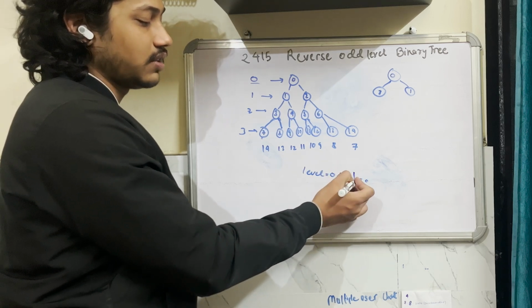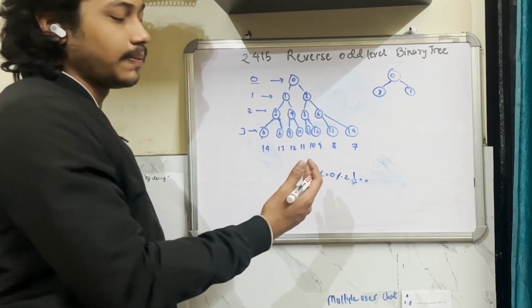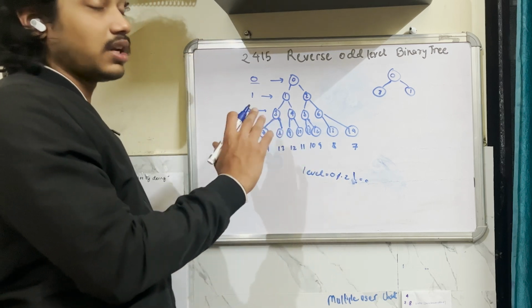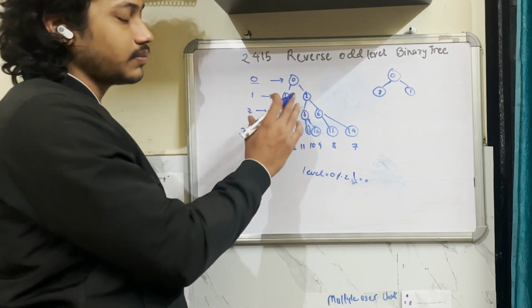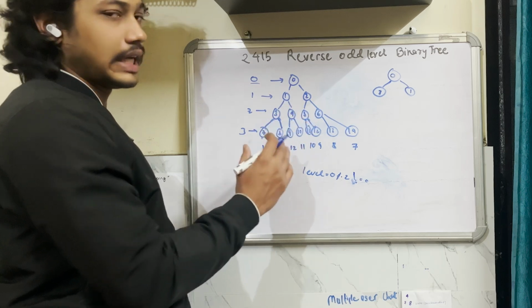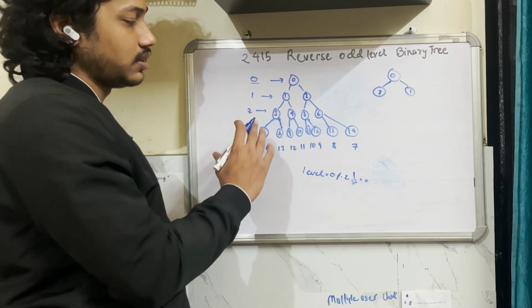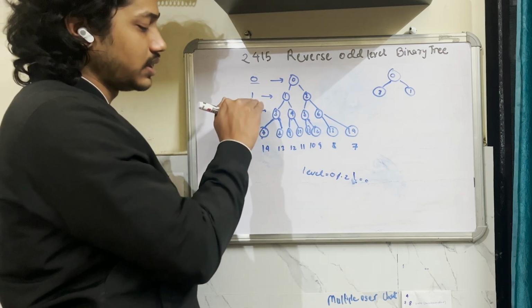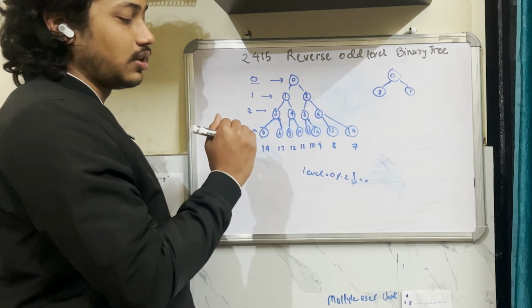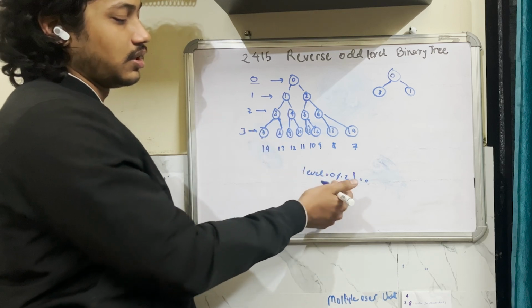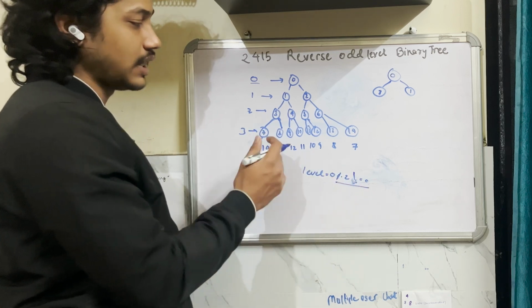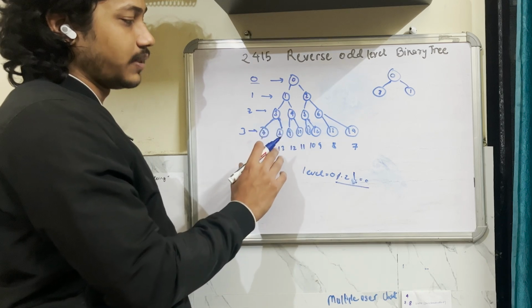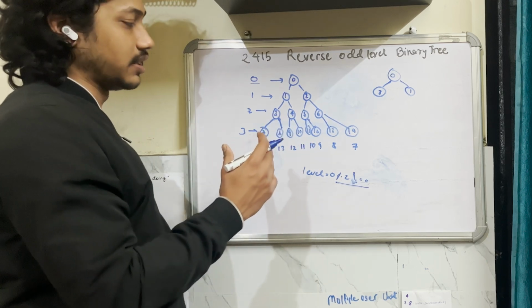But if it is not equal to 0, it is odd, so you can reverse the nodes. How to reverse them is a different matter.